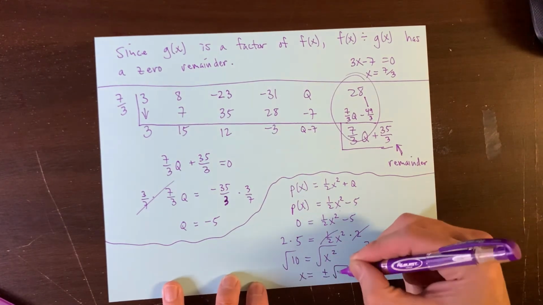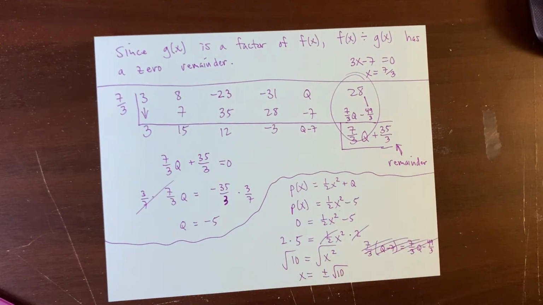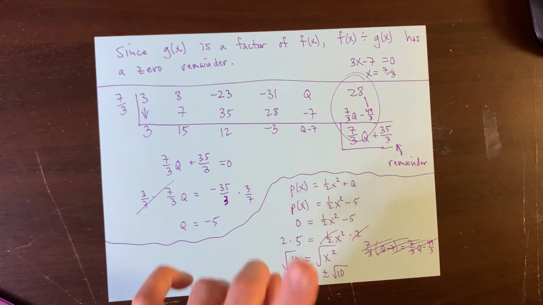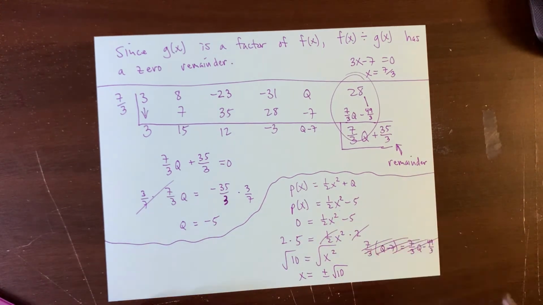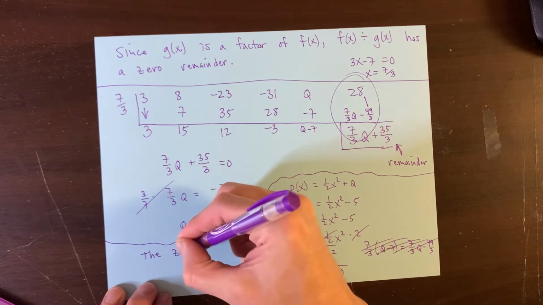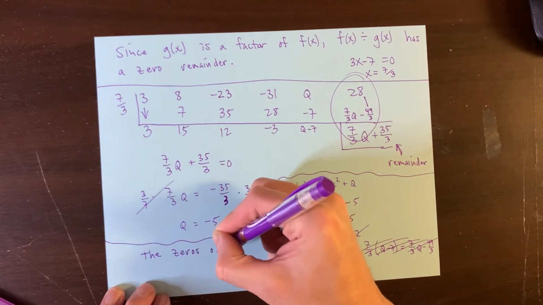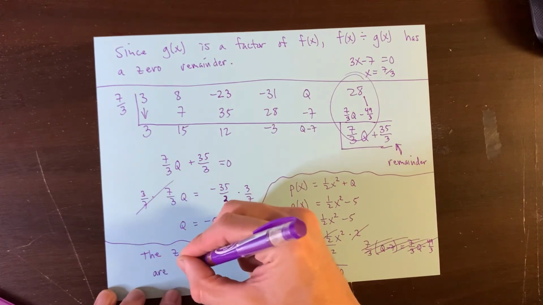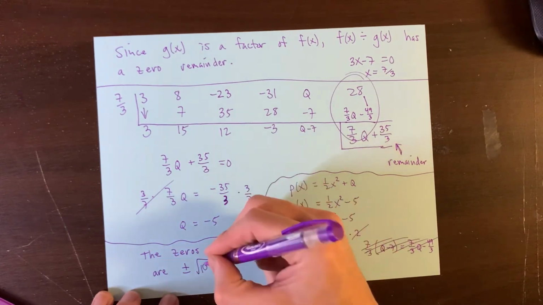So x equals plus or minus the square root of 10. What do these numbers represent? They represent the zeros of p. So let's write down a summary statement. Final answer. The zeros of p of x are plus or minus the square root of 10.